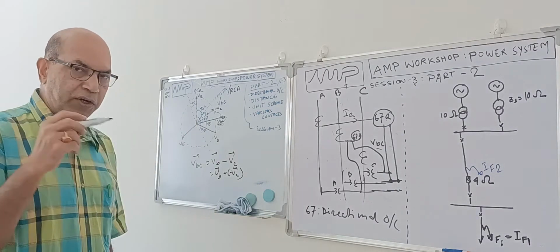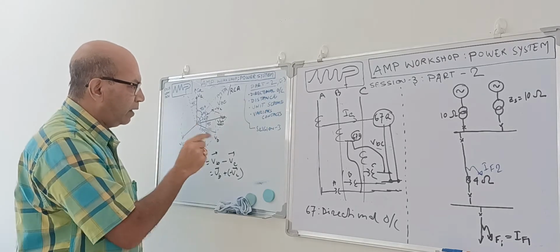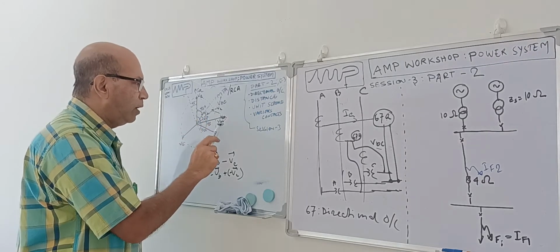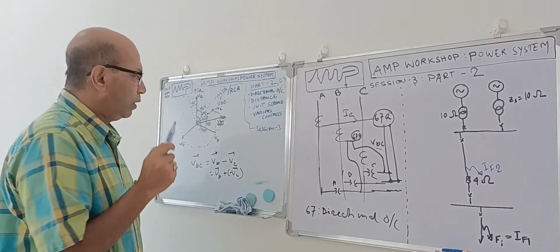Now, when we design the relay, there is another terminology. When the current and voltage, for the same voltage there is a different current, it can happen, it can give different torque.